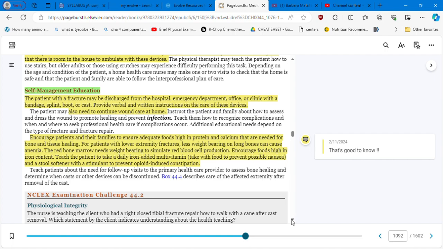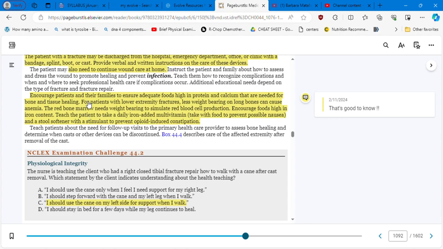That's good to know. Encourage patients and their families to ensure adequate foods high in protein and calcium that are needed for bone and tissue healing. This is very important. Tissue healing depends on high protein and calcium. For patients with lower extremity fractures, less weight bearing on long bones can cause anemia.